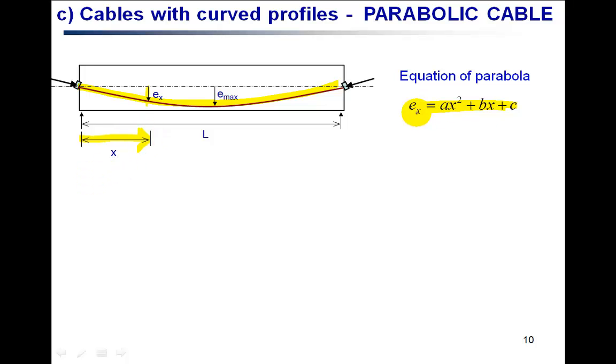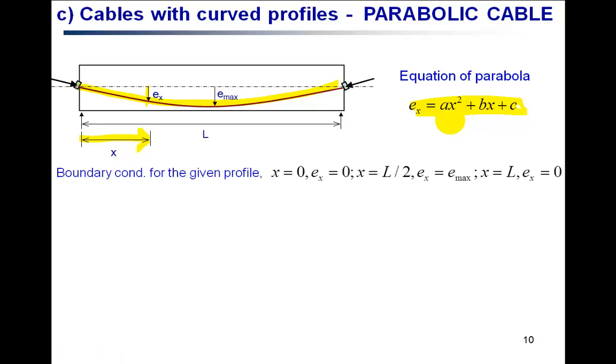So you can get an equation of the parabola from here, and to find the constants a, b and c we'll use some boundary conditions. The boundary condition for us in this profile is that at x equals 0, your eccentricity is 0. At x equals L over 2, your eccentricity is maximum, that is e max, and at x equals L your eccentricity is 0 again.